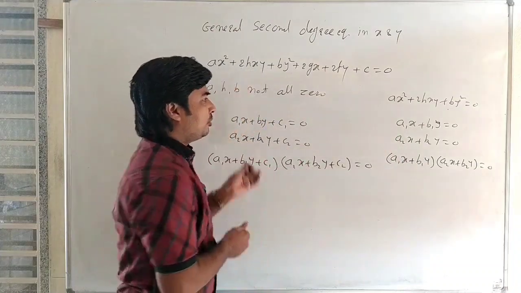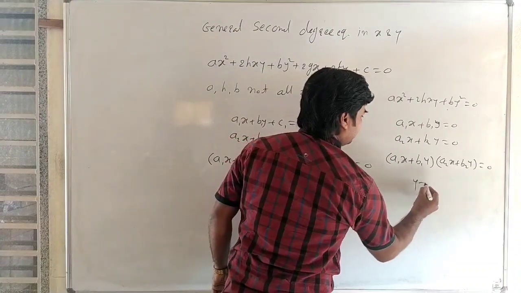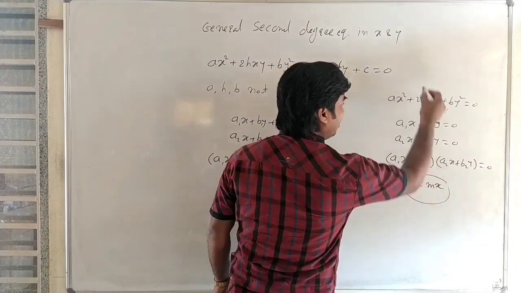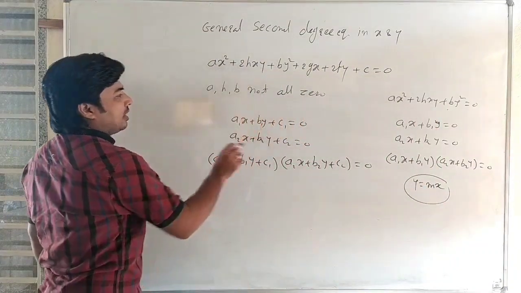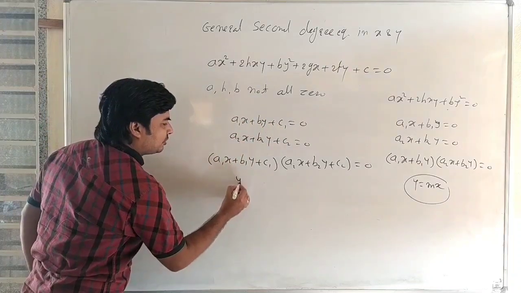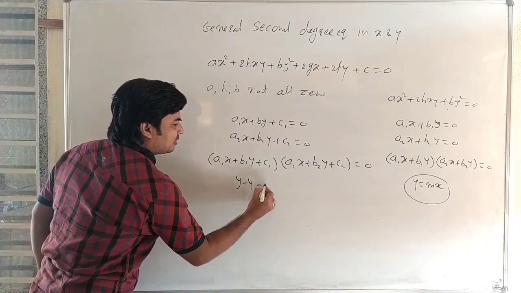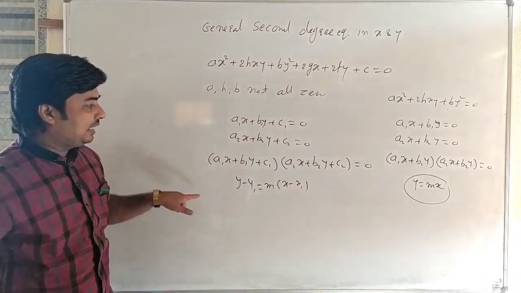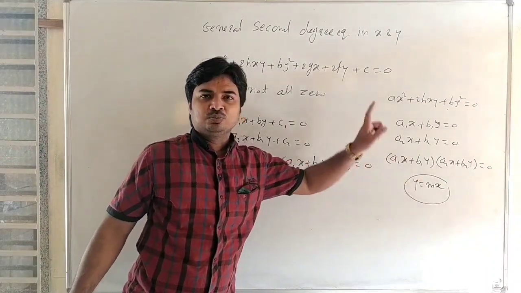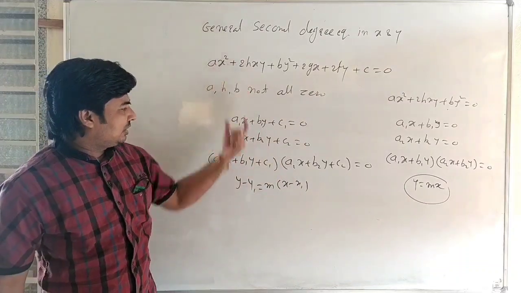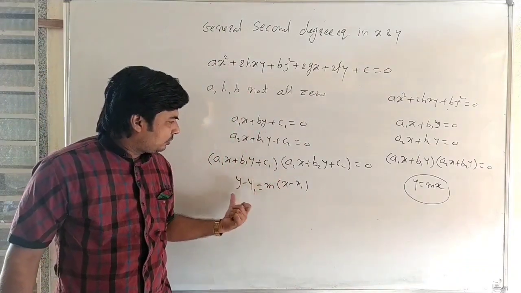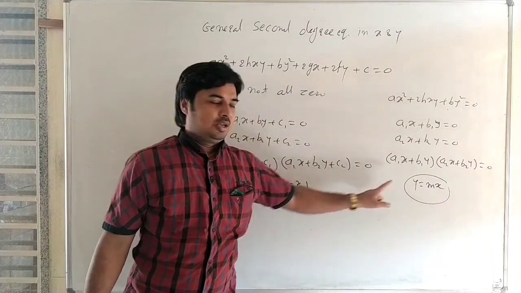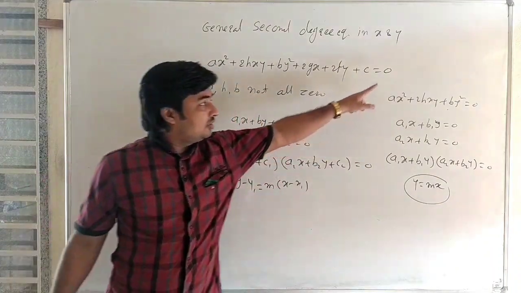The equation of a line passing through origin is y is equal to mx. To find the equation of the line, we use this formula for the homogeneous equation. And for the combined equation of any two lines, the equation of any line is y minus y1 is equal to m into x minus x1. Here, for lines passing through origin, the point is fixed, that is 0, 0.